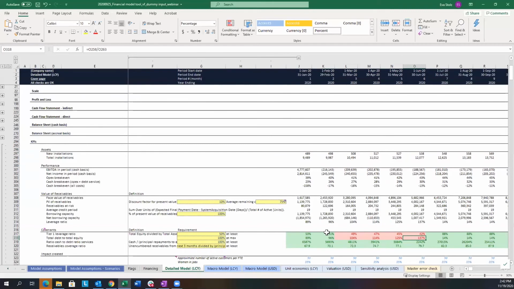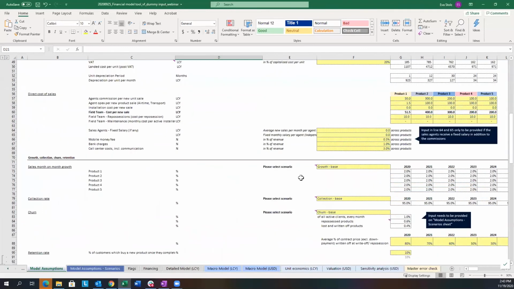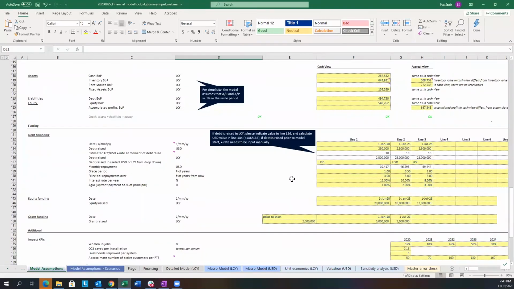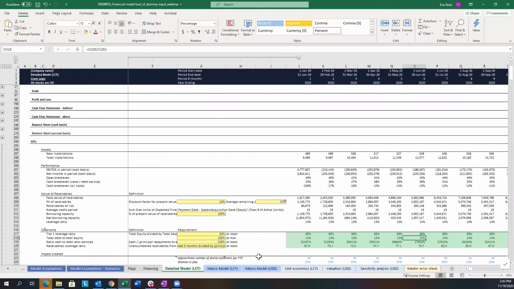And then what we can do is we go back to our assumptions around financing, and we can see that we had planned to raise debt in January 2020 and equity in July 2020. So now I just want to change that and see what happens. If we raise equity also in January 2020, and we go back, you can see now the covenants are actually fine again.